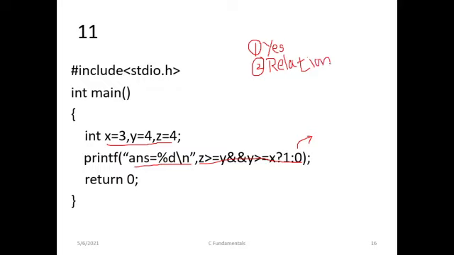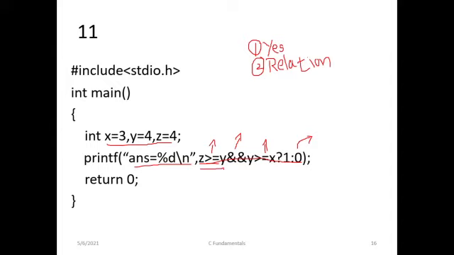As far as the associativity of the relationship operator, since these two are in the same priority level, that is the same operator is used, then we will go for left to right. First we will check this.